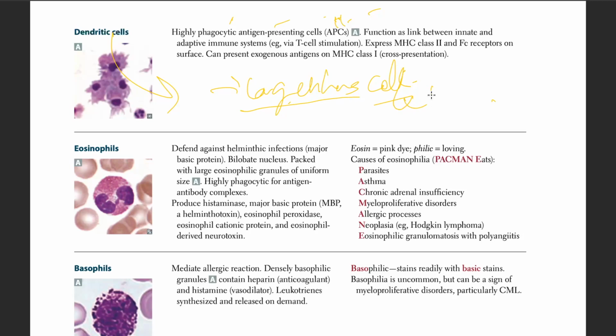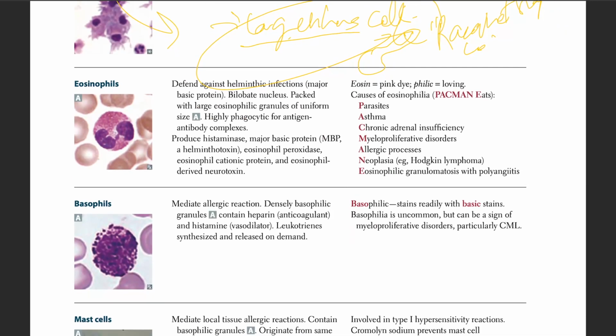Characteristically, very importantly, they will say racket-shaped cells. Racket-shaped cells, shaped like this. So these are the Langerhans cells.